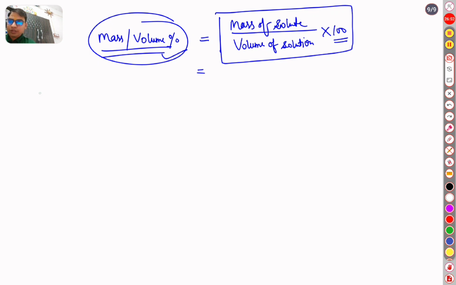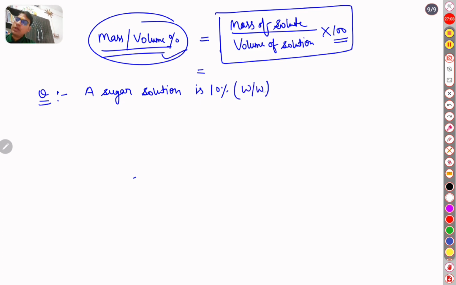The question is: a sugar solution is 10% W by W, meaning weight by weight or mass by mass.